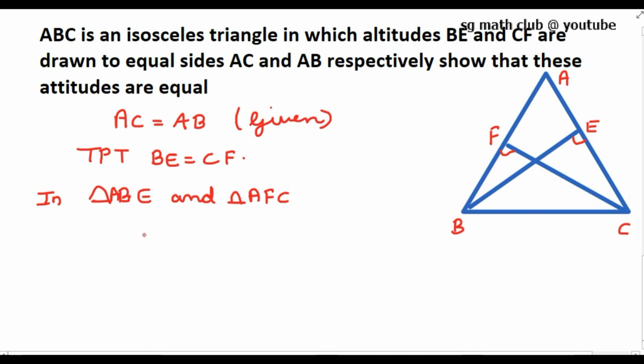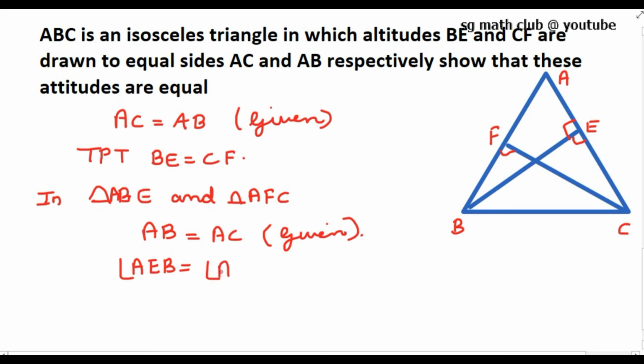So from this, AB is equal to AC, that is already they have given. Again we can write angle AEB equals angle AFC, that is equal to 90 degrees because it is perpendicular.